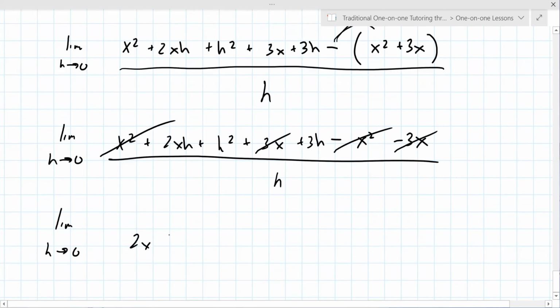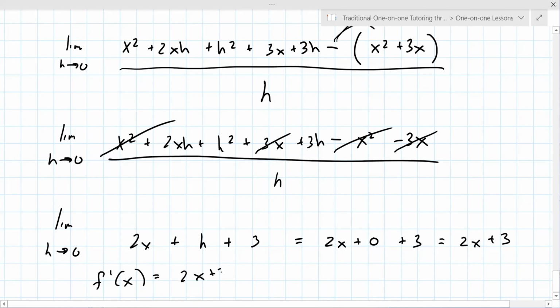So it's 2x plus h plus 3. And then you can finally put 0 in, so it's 2x plus 0 plus 3. And so your derivative function, which is not what it's asking for, is 2x plus 3.